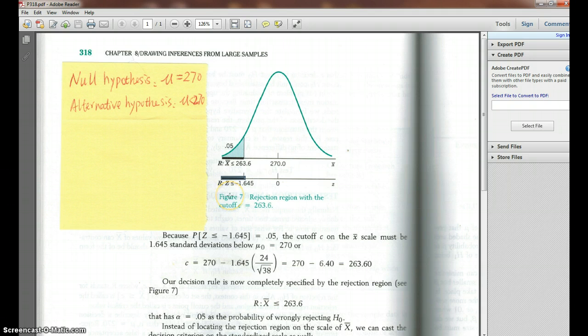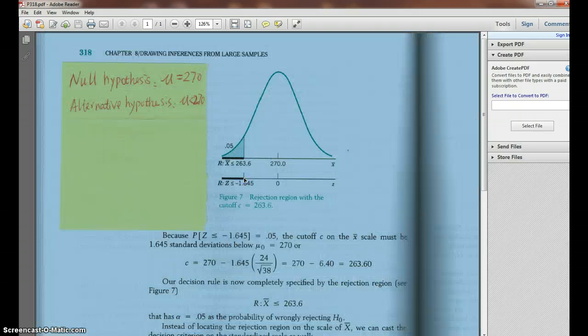That means z is less than or equal to negative 1.645, on the left side of negative 1.645. But if we just look at this point right here, negative 1.645, this z-value means how many standard deviations you have. Starting from the center, if we take 1.645 standard deviations, you're going to get this point right here.